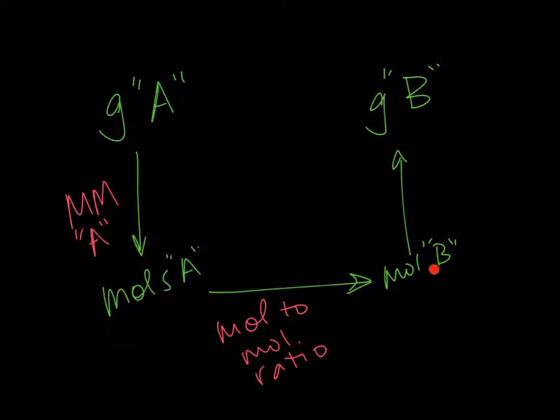And then to go from moles of B to grams of B, you will use the molar mass of B. Now the arrows help you even more because in the first step, to go from grams to moles, the arrow is pointing down, which means the molar mass of A, whatever that substance is, goes in the bottom, so you'll divide by it. And then to go from moles of B to grams of B, the molar mass will go on the top, the arrow is pointing up.